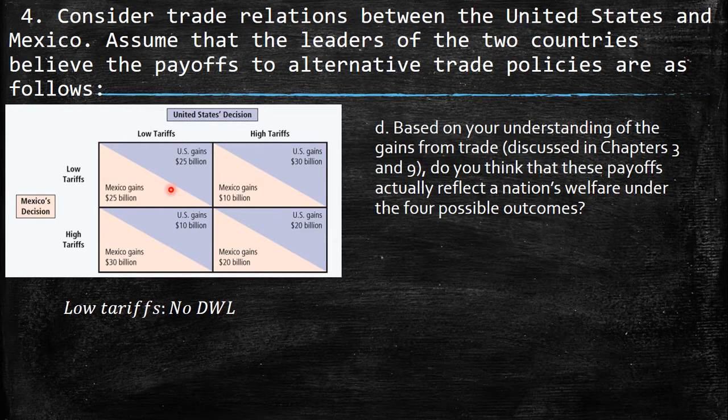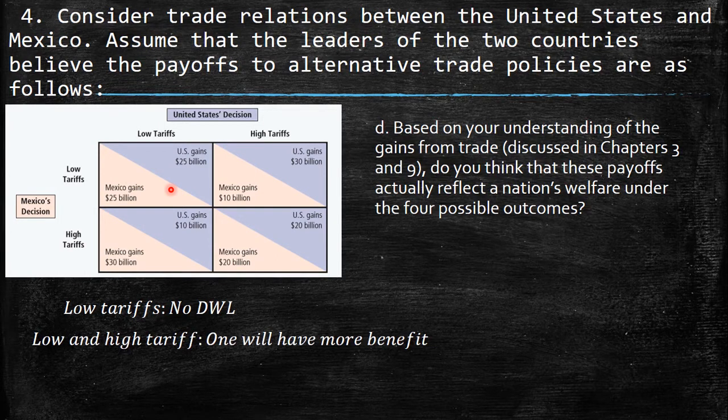Remember, deadweight loss is all those transactions that are not performed due to the intervention of the government, because the government charges taxes to get income with these tariffs. So definitely low tariffs are the best welfare for all actors, not for the government, but for the consumers and producers, because there is no deadweight loss.